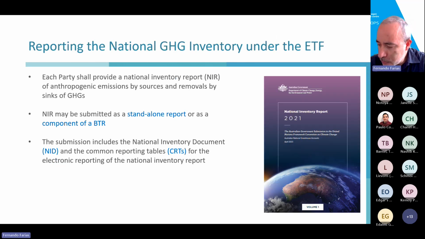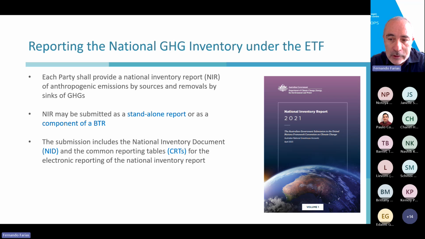But there are some news in terms of reporting inventories. Probably some of you have been part of the teams that prepared previous GHG inventories that were presented under a national communication or a biennial update report.